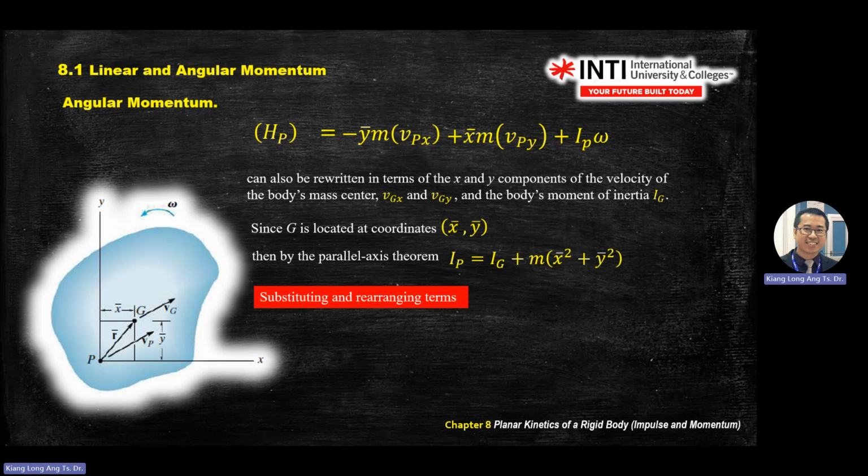Okay. So if you compare I_O equals I_G plus m d squared with this equation, this x squared plus y squared is actually the distance from G to P. This is the d. In the Cartesian plane it is x squared plus y squared, you get the d.